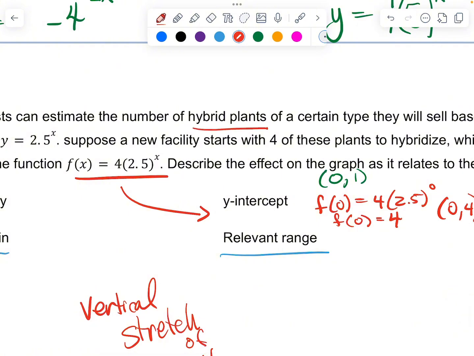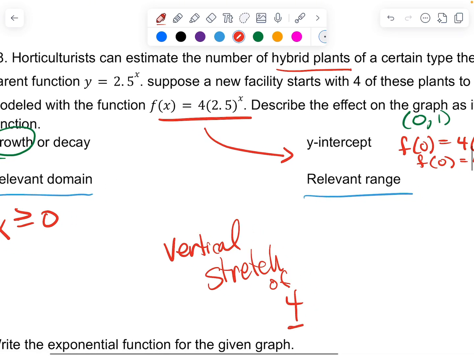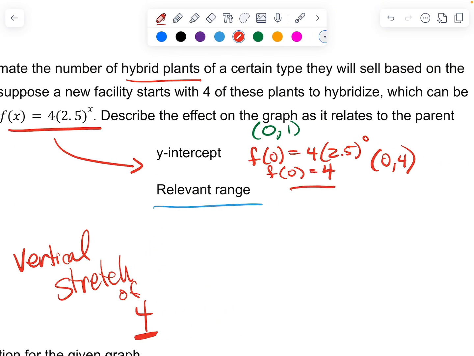Can we have negative plants? No. So that means x has to be greater than or equal to 0. And when x is 0, we have 4, don't we? When x is 0, we have 4. So that means y has to be greater than or equal to 4.